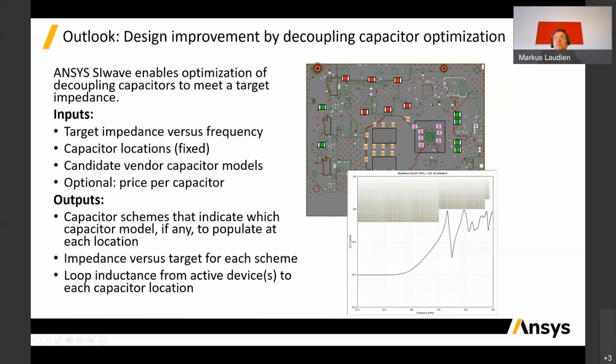This means the impedance which a consumer, like an IC, is seeing versus the voltage regulator module. The candidates are then optimized from the different families of the vendors, and you can see how, with the best choice, you can accomplish the target impedance. That's just a short outlook, and I'm finished quite soon.